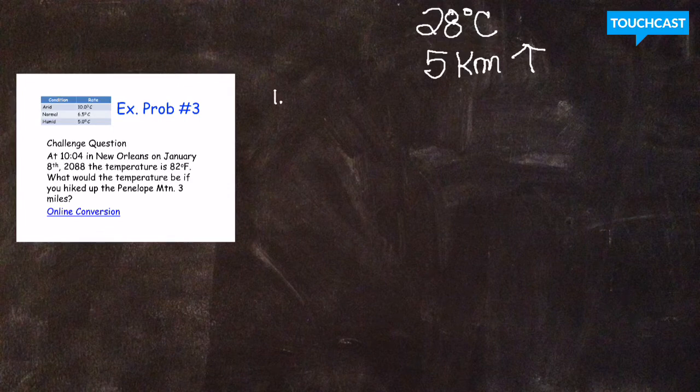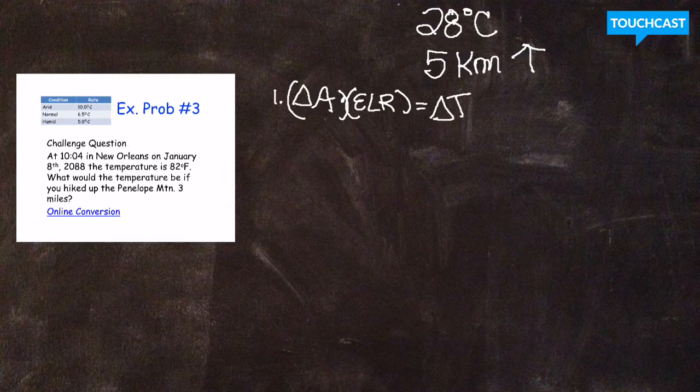Remember step 1, write your equation. So we're going to write the change in altitude times the environmental lapse rate equals the change in temperature. And we're going to assume that it's the normal environmental lapse rate of 6.5 degrees Celsius change for 1 kilometer.